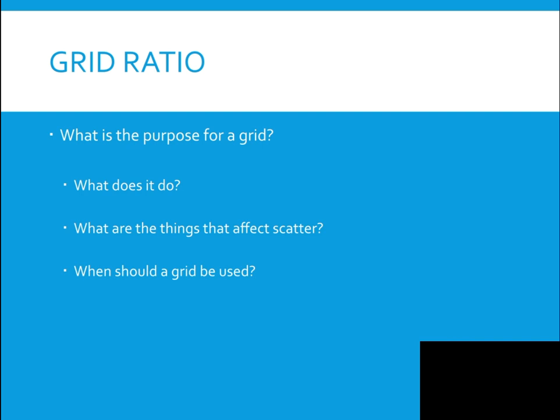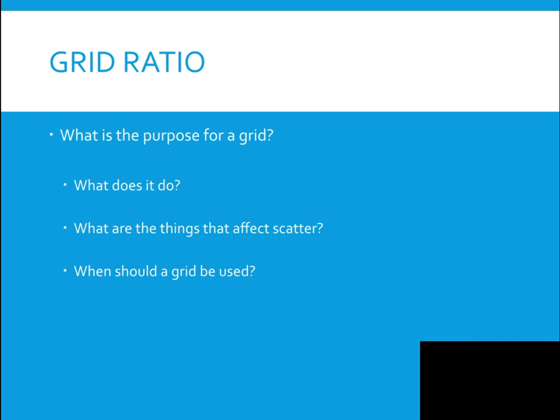The purpose of a grid is to absorb X-rays before they make it to the image receptor. Your index number is formulated based on every photon that strikes the image receptor. It may be scatter radiation, it may be direct exposure, and it may be penetrated unscattered X-ray photons. It doesn't really matter.